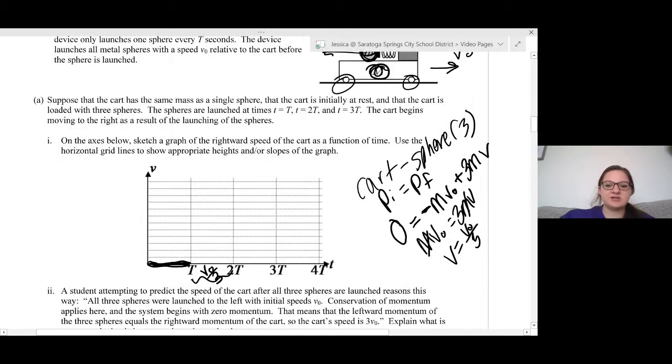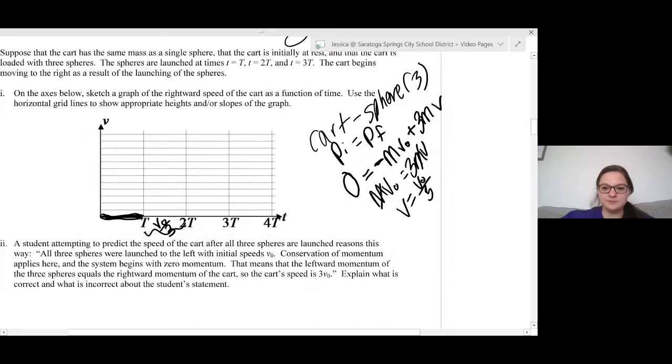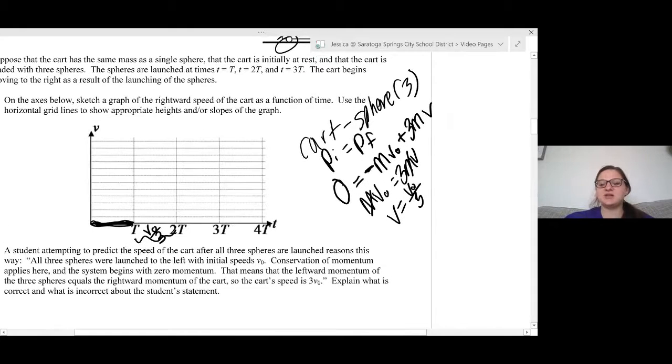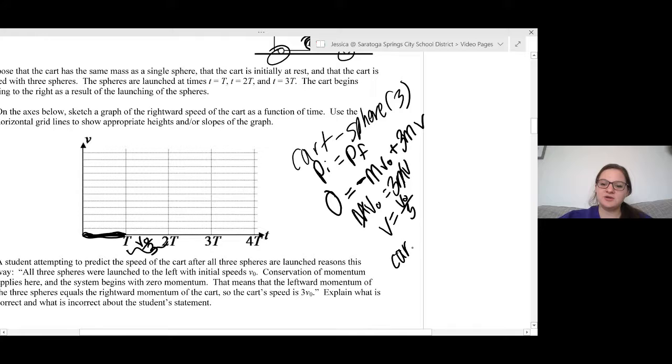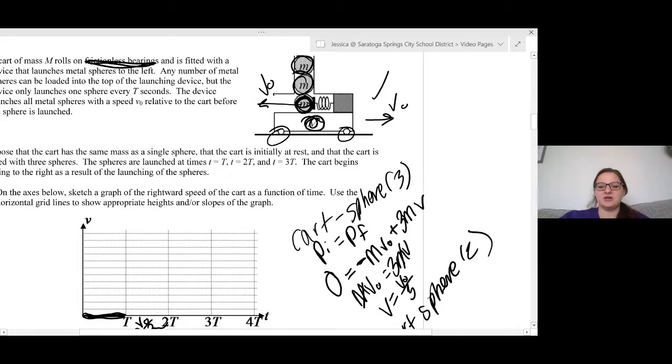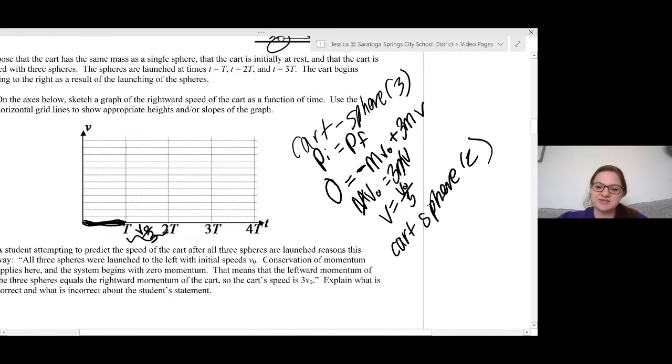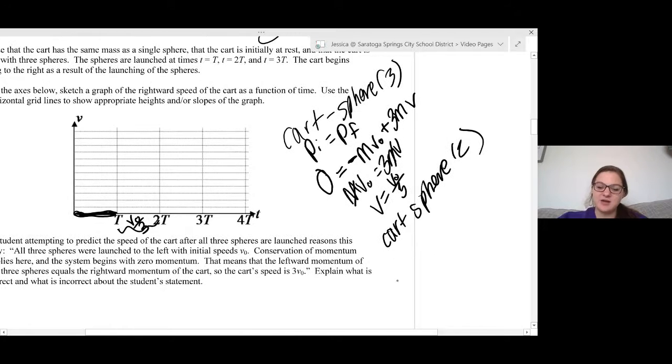Okay, so then we can analyze another system to make our life a little bit easier. So now I'm going to think of the cart and sphere system with just the 2 spheres. Okay, so I'm ignoring the fact that the 1 has already left. So initially that system is moving with a mass of 3m, the cart plus 2 spheres, at a speed of v0 over 3.